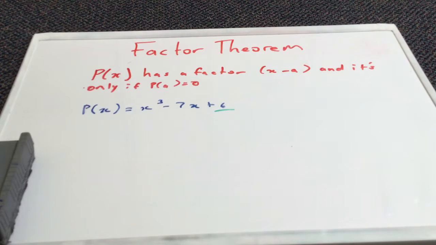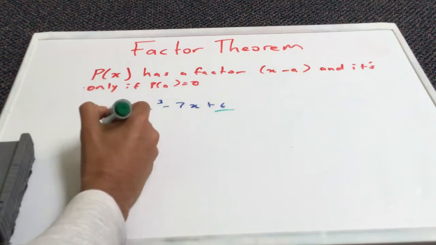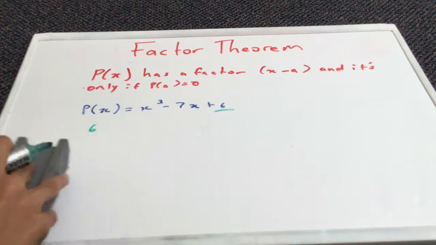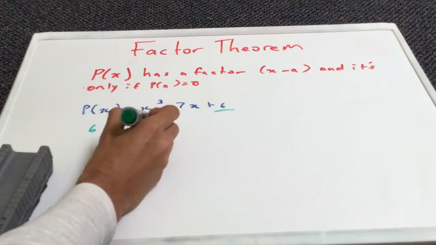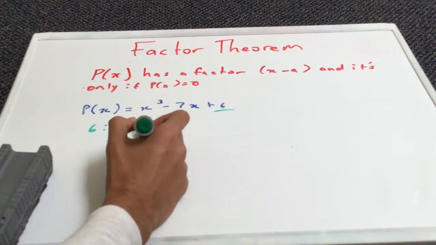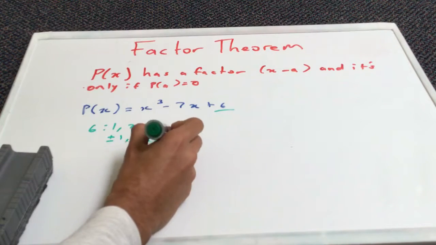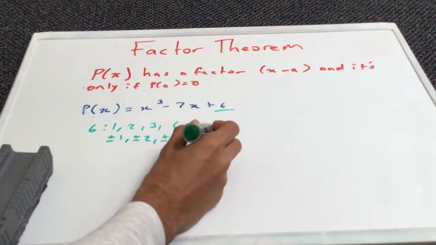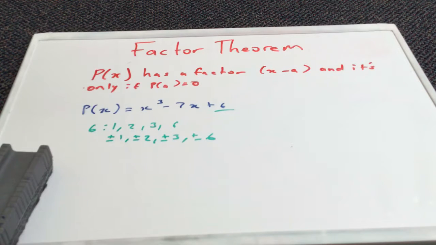We take the factors of 6, which are 1, 2, 3, and 6. We need to find both plus and minus of each of these: plus or minus 1, plus or minus 2, plus or minus 3, plus or minus 6. When you substitute these numbers into our equation, you need to get a result of 0, as it's stated in the rule.